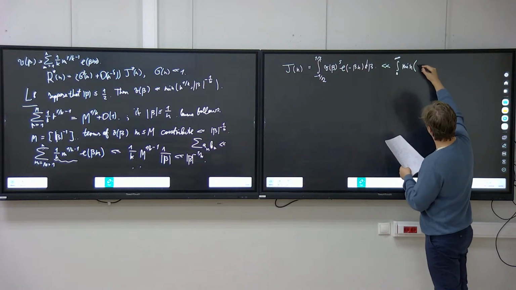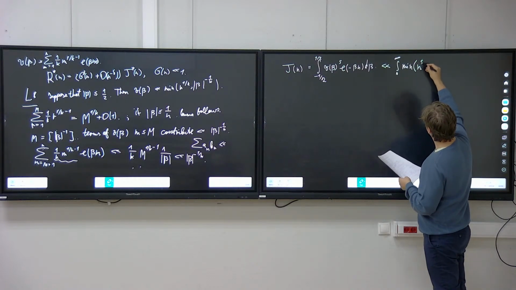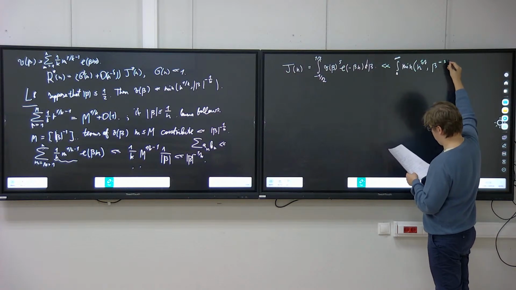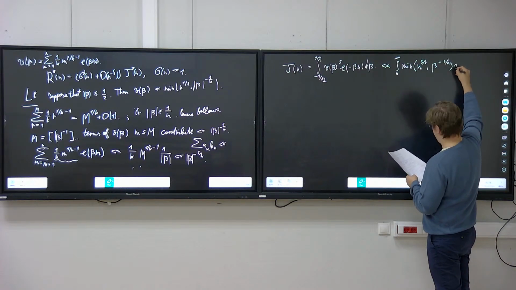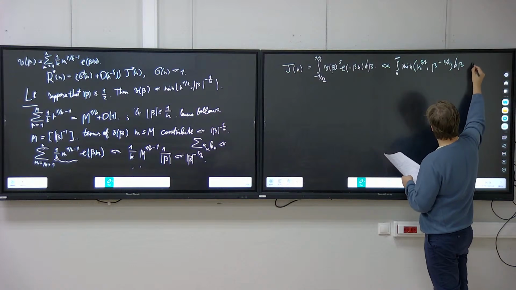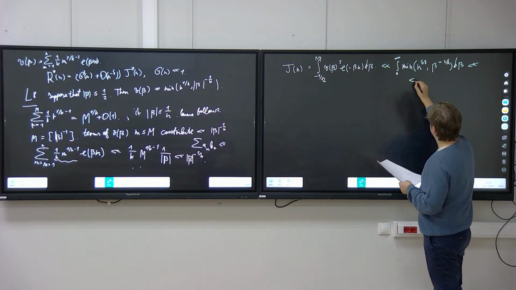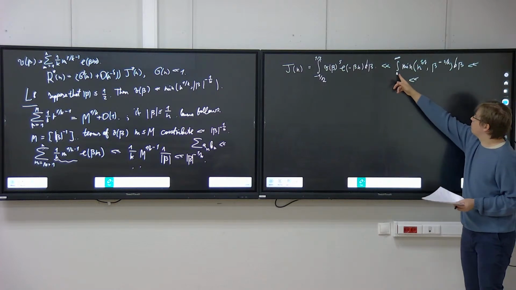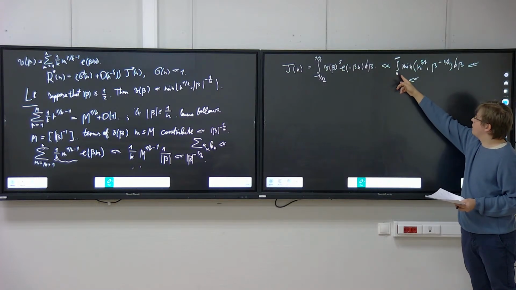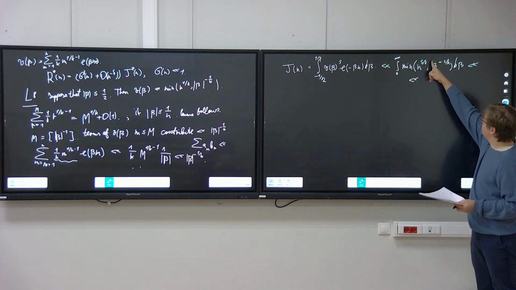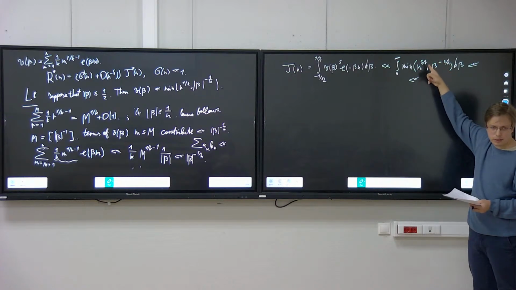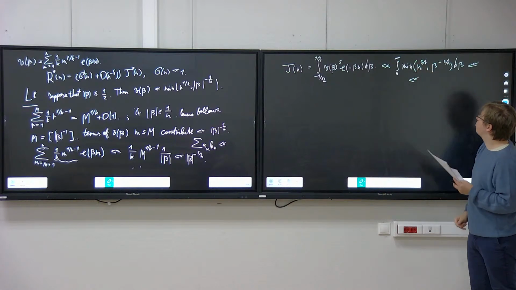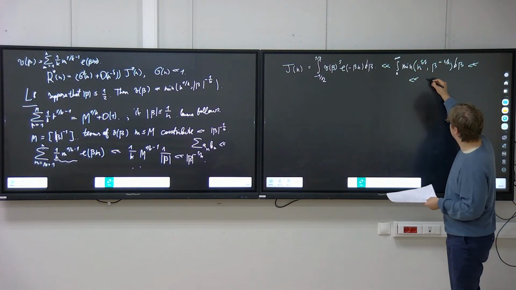N to the power s over k, beta to the power minus s over k, d beta. How to evaluate such integrals? If we are in the neighborhood of 0, then this is very large, so we should evaluate it like the integral of n to the power s over k.